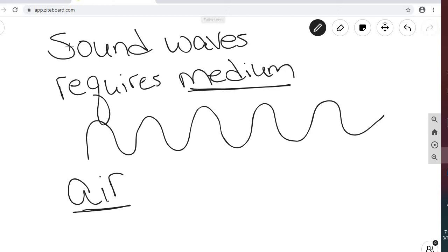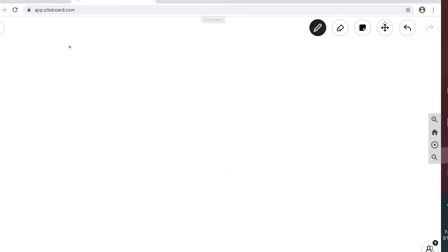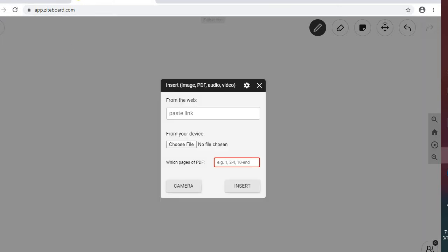When the sound wave travels, it oscillates the air as it travels through it. Let's look at the human ear, and we can see how that happens.